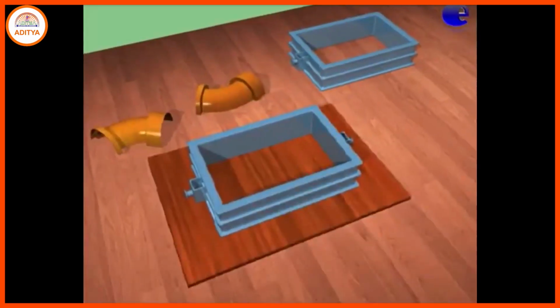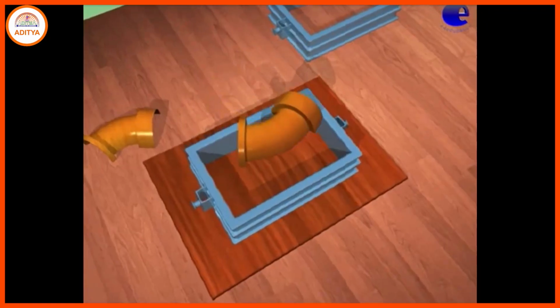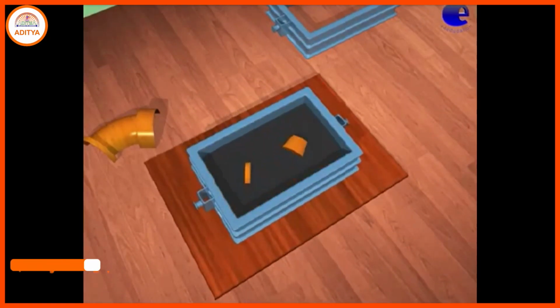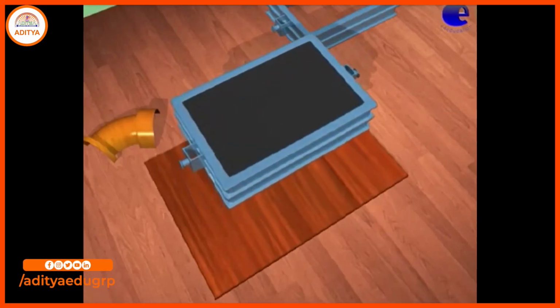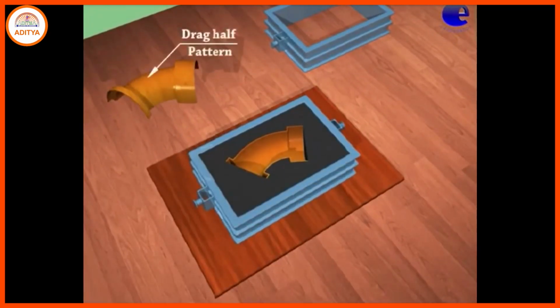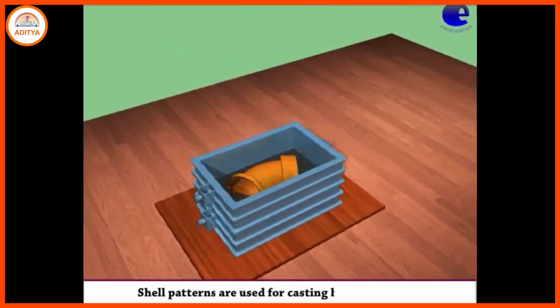Shell pattern. One part of the pattern will be kept to the cope side and the other part will be kept to the drag side. That will be filled with the molding sand material. Then it will be kept to the drag side.